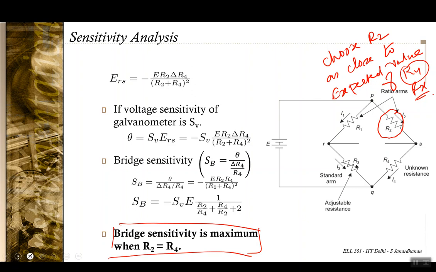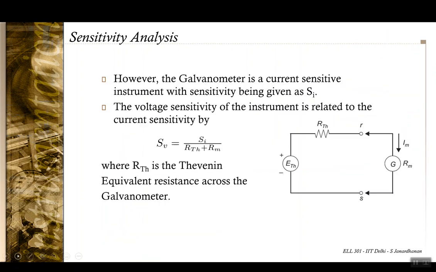Now, the next thing that we want to do is to see how the galvanometer would function, that is, how the bridge sensitivity can be further analyzed. The galvanometer basically is not a voltmeter. It's a current measuring device. It's a current sensitive instrument, and its sensitivity is given in terms of current, and there is the current sensitivity of the instrument and the voltage sensitivity of the instrument.